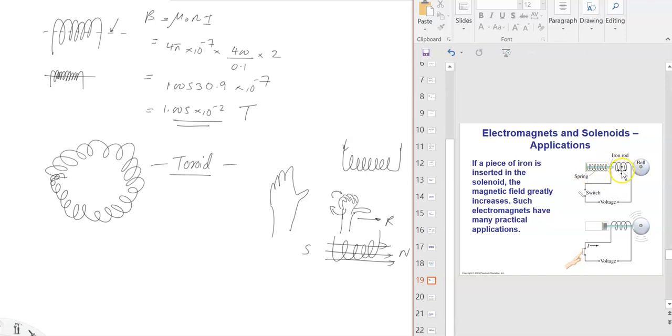The coil gets magnetized. It's going to pull this iron rod because it's a magnet. It can attract iron. So it's going to pull this iron rod towards it, and it will hit the bell, make sound. You let the switch go, it breaks the current. No more current means no more magnetism. So the iron rod will go back because of the spring action.